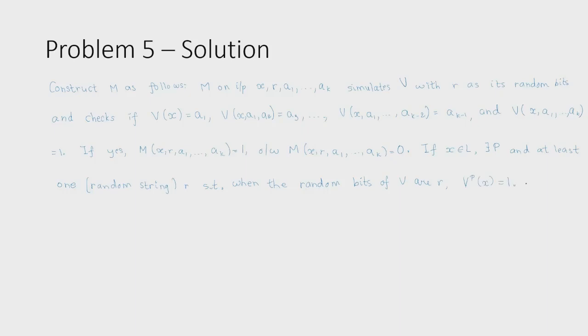So I've removed the probability by fixing the random bits of V. And this follows from the very definition of IP prime.